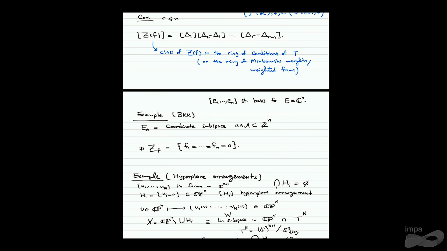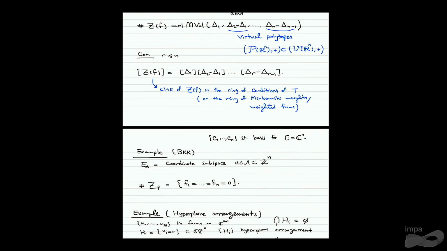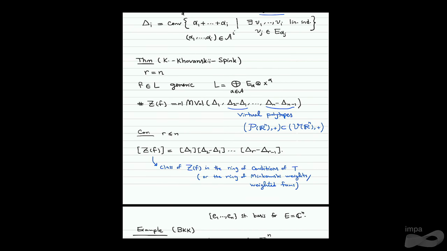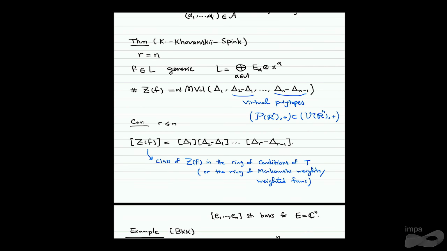Yes? You say the mixed volume of the virtual polytopes can be expressed in terms of mixed volumes of actual polytopes? That expression, you have minus signs. Just by linearity expand it. Just open the brackets and you get some expression with a lot of pluses and minuses of mixed volumes of the delta i's. And that formula can be interpreted nicely? No, I'm just saying something obvious.